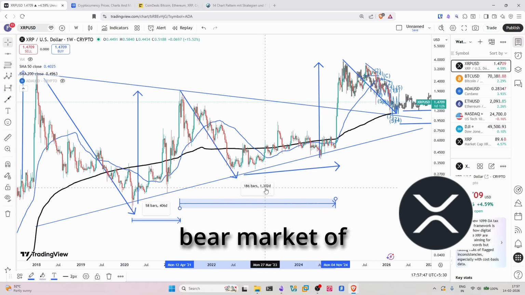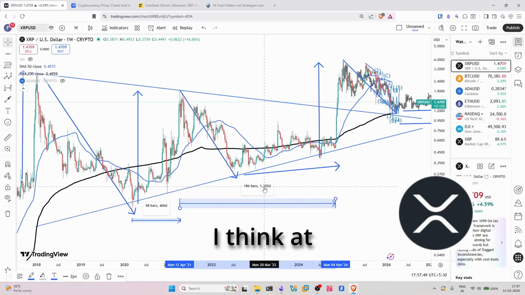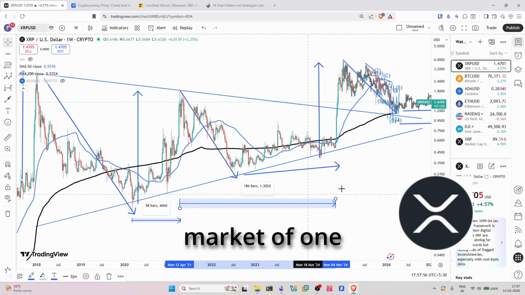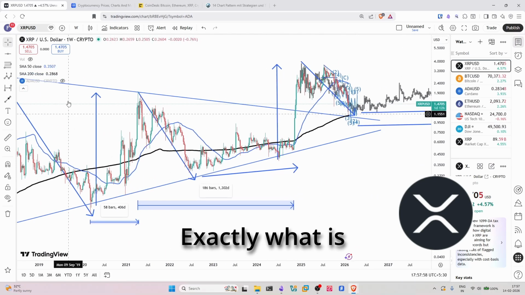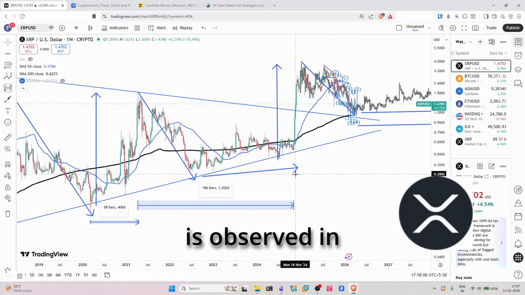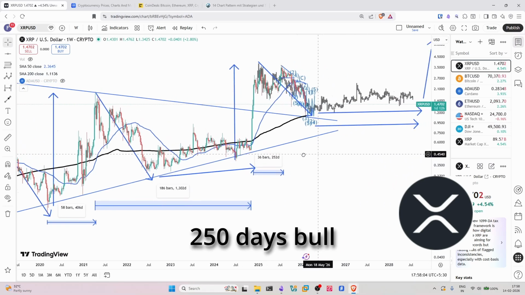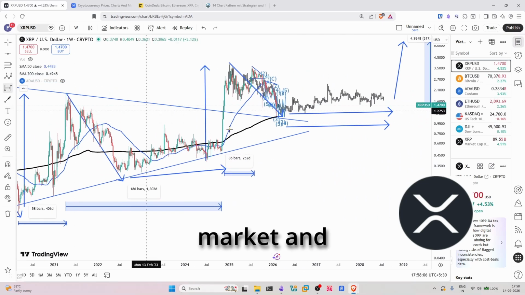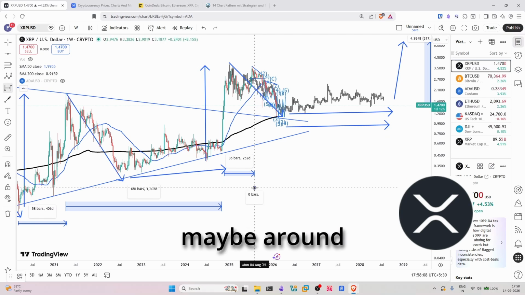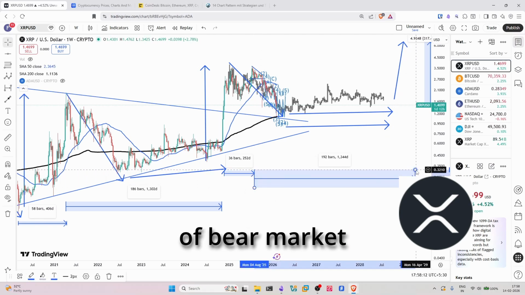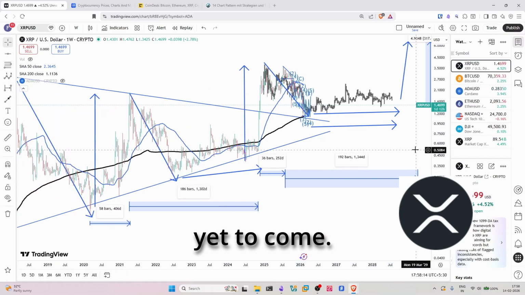It has a bear market of at least 3.5 years and a bull market of 1 year. Exactly the same pattern is observed in this cycle. We got a 250 days bull market and maybe around 3.5 or 4 years of bear market yet to come.